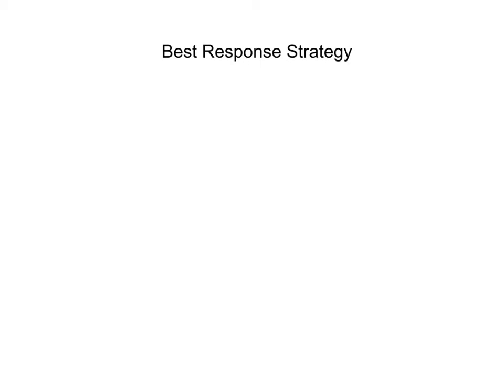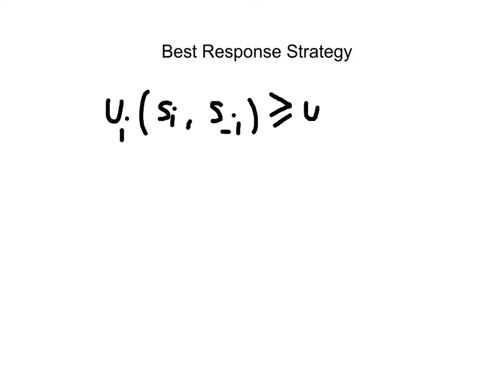So now I want to introduce the concept of a strategy that is a best response strategy. Best response strategy, s_i, is a best response if the utility for player i of playing s_i, given what other players are playing, is greater than or equal to the utility of any other strategy available to player i, s prime.